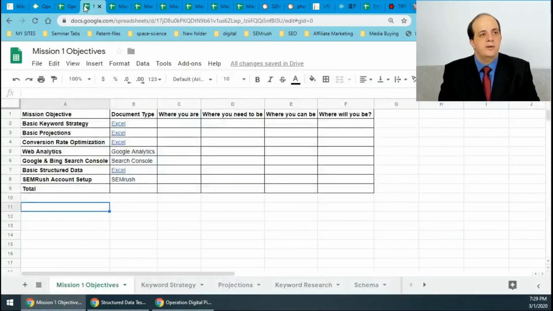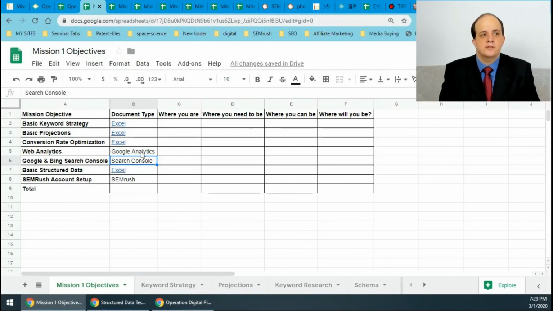Going back to the Excel sheet, we'll also be setting up Google Search Console, which is relatively easy to set up, and then of course Google Analytics. Even if you already have Search Console and Analytics set up, we still need to go in there and set up different profiles, views, and reporting structures, and make sure you're collecting the right data for your company.